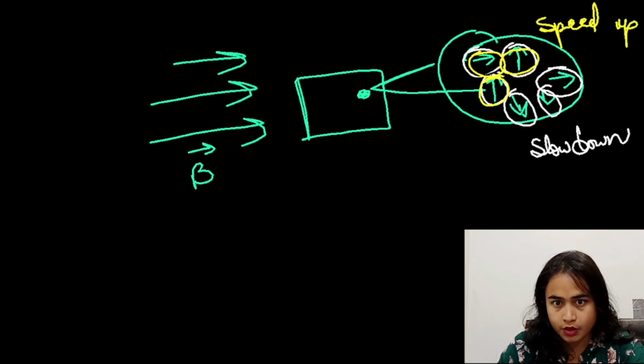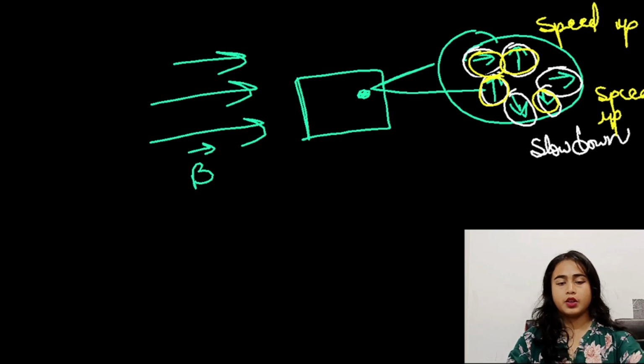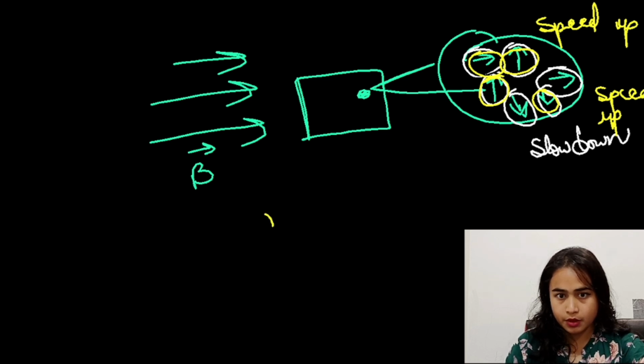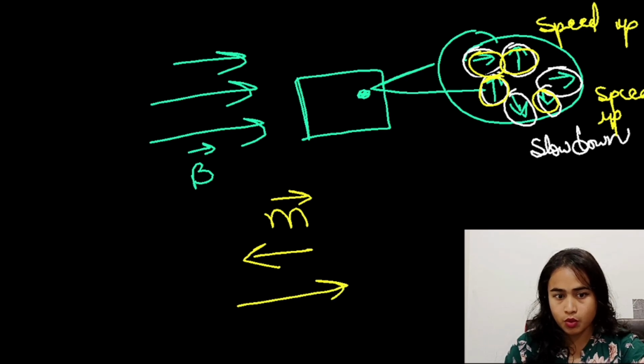Some of them will speed up. In this process, a net magnetic moment will be developed. Now this net magnetic moment will be in the opposite direction to the applied magnetic field.